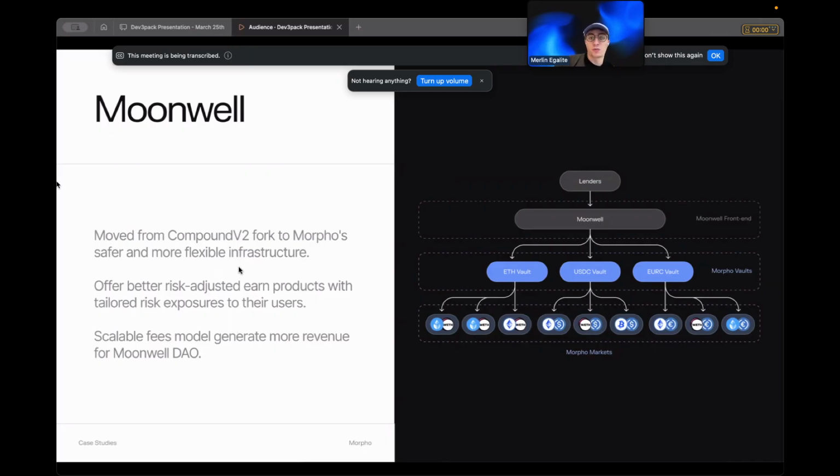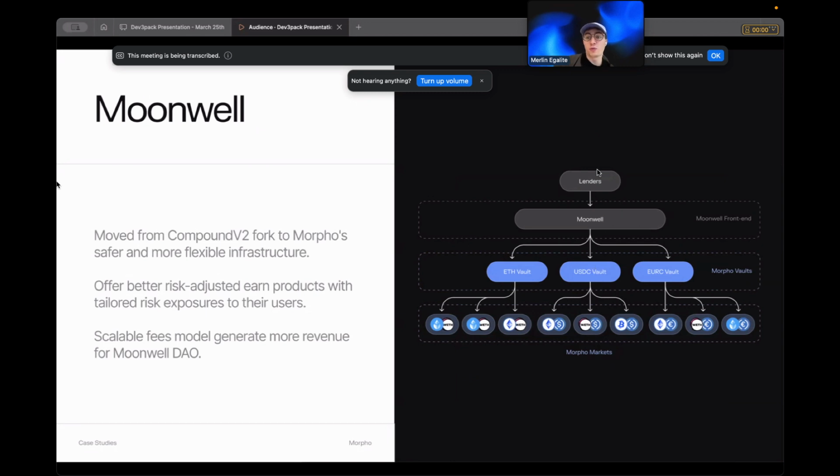And Moonwell realized that it was very flexible, and they are more on the risk averse side of things at Moonwell. And so they created vaults that are depositing assets only into very safe markets. They have created an ETH vault, a USDC vault, and a EURC vault on Base. And those vaults are depositing capital into Morpho's markets so that Base users can borrow.